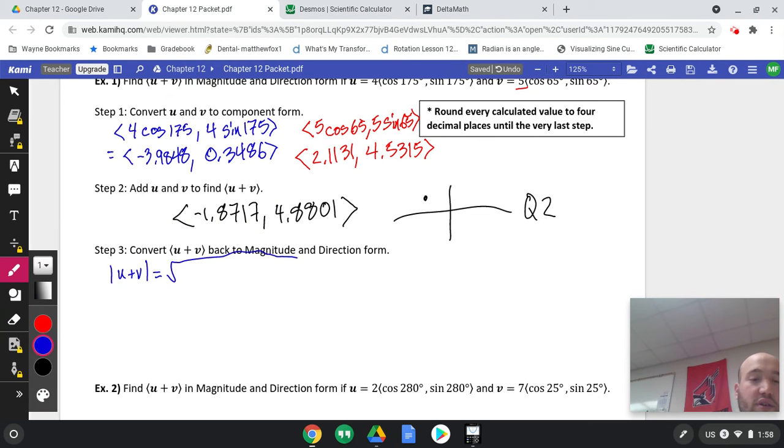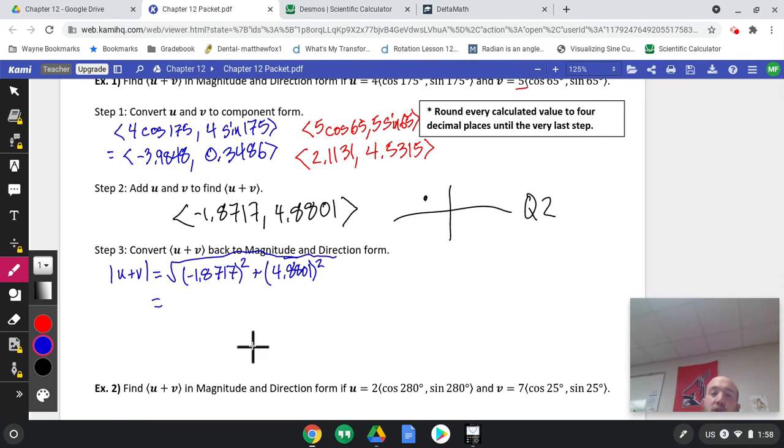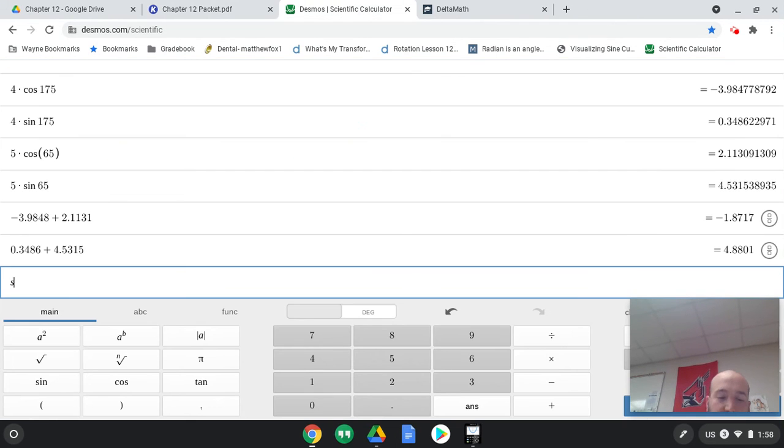So it's just the square root of negative 1.8717 squared plus 4.8801 squared. Okay, this will tell us our magnitude. And obviously you can't do that in your head. Just type it in, or use the calculator, the TI-84 if you prefer, whatever you prefer.